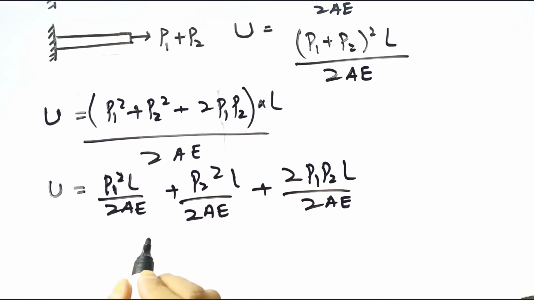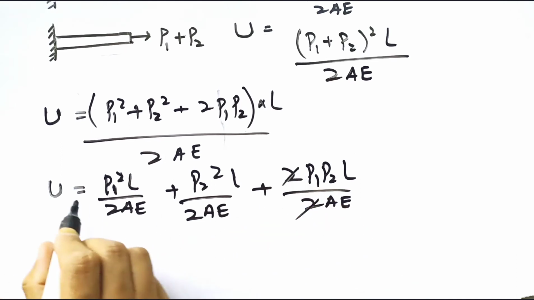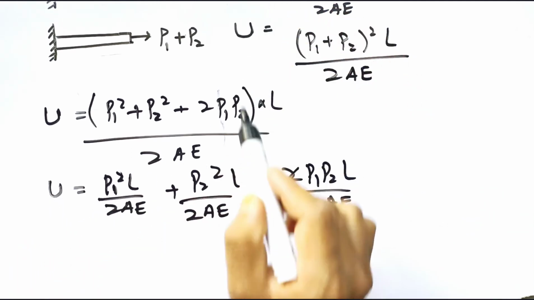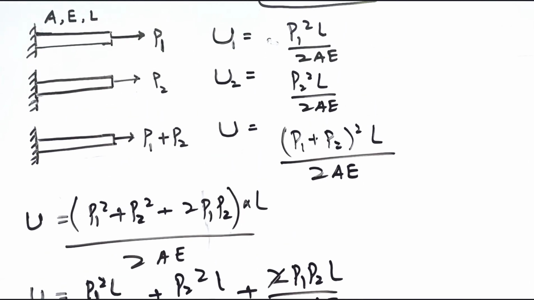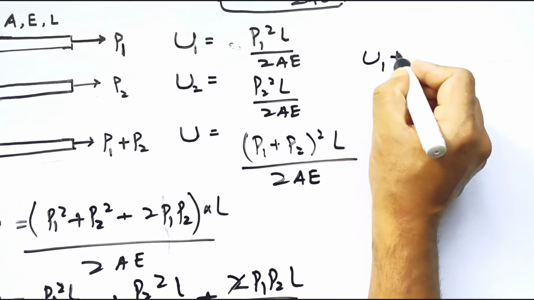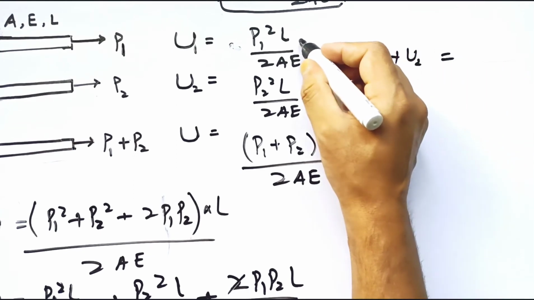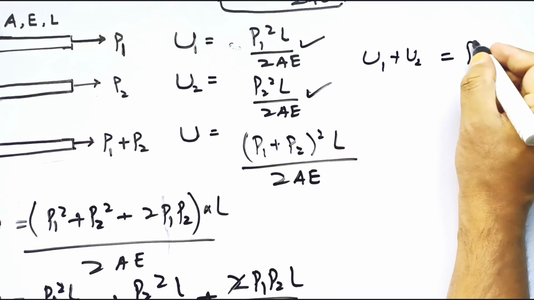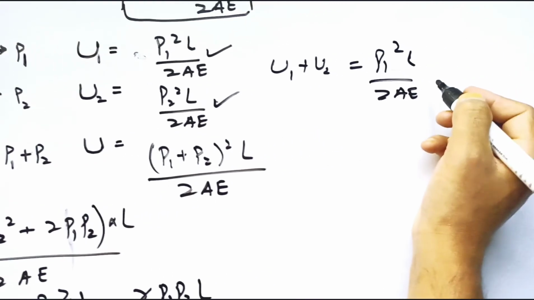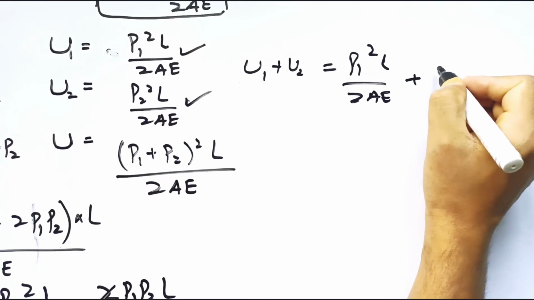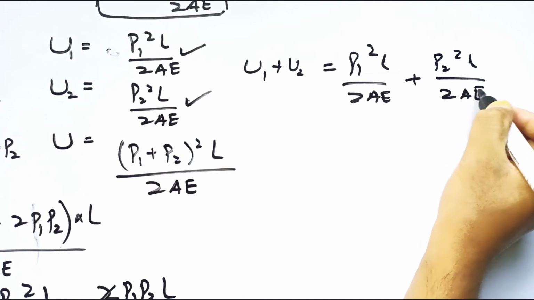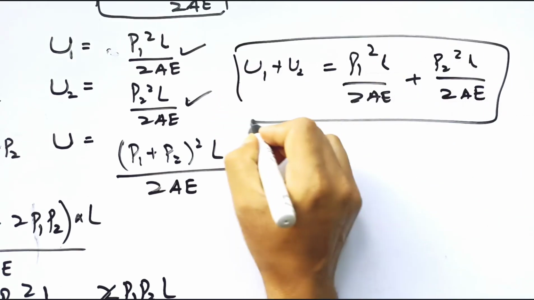Similarly, if we see from this U, U is greater than U1 plus U2. Why? Because U1 plus U2 will be the sum of P1 square L divided by 2AE plus P2 square L divided by 2AE. This is U1 plus U2.